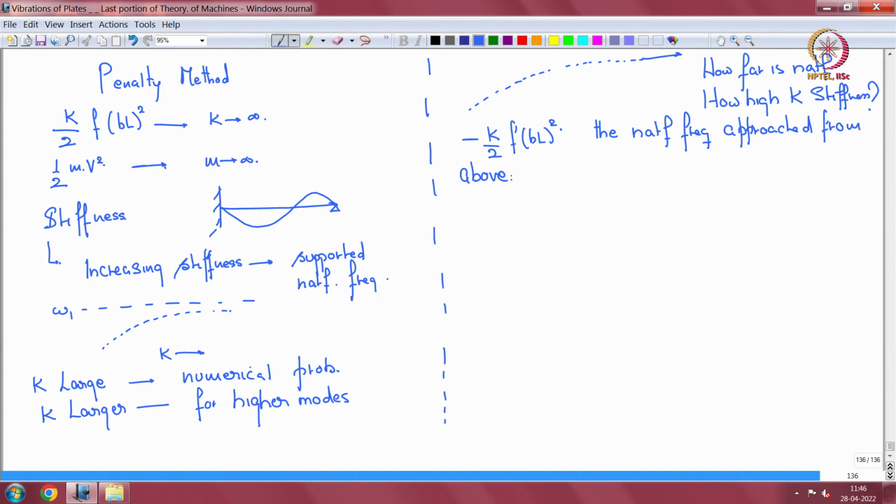Okay. So now you can use both positive and negative values and start bracketing, to get a feel for the error.